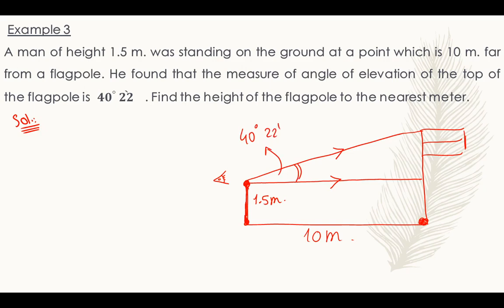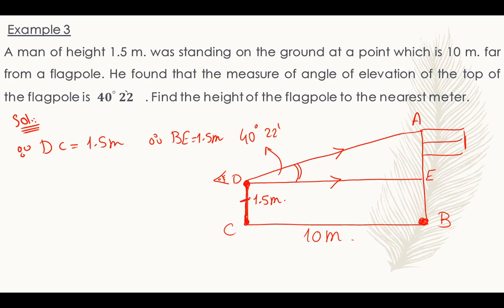Find the height of the flagpole to the nearest meter. Here we want to find the height of the flagpole to the nearest meter. Here this is A, B, C, D, E. Since the height of the man DC equals 1.5 meters, therefore BE is also 1.5 meters, because EBCD is a rectangle.